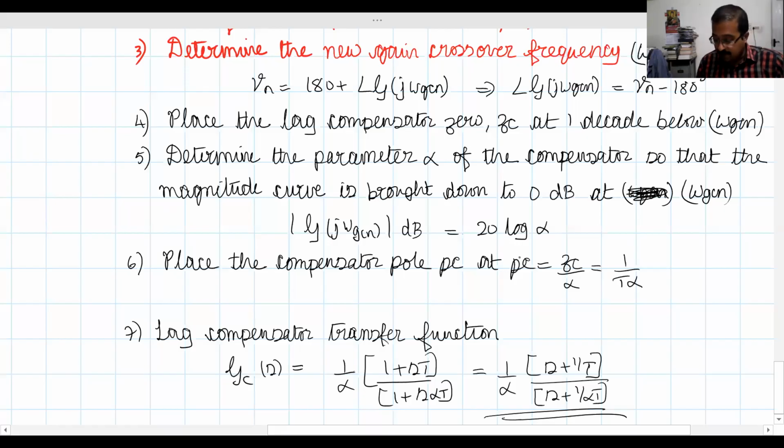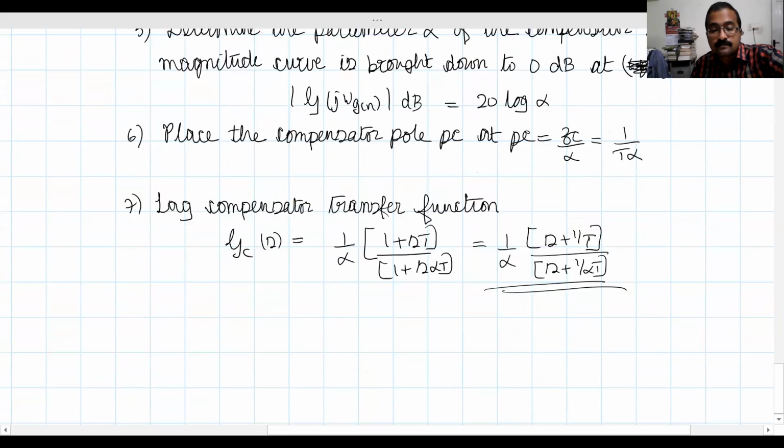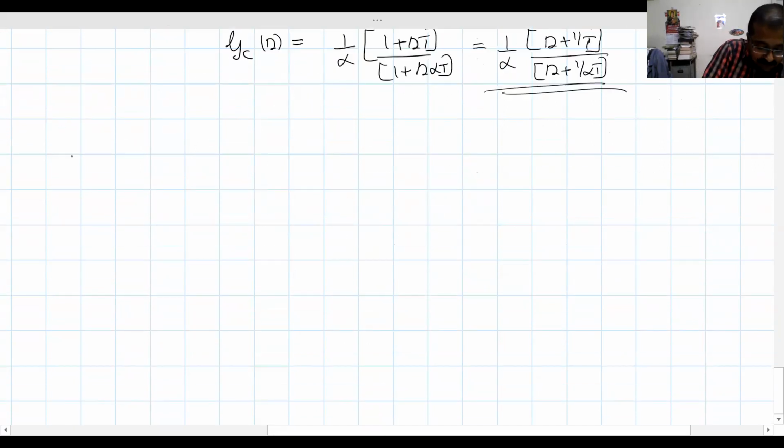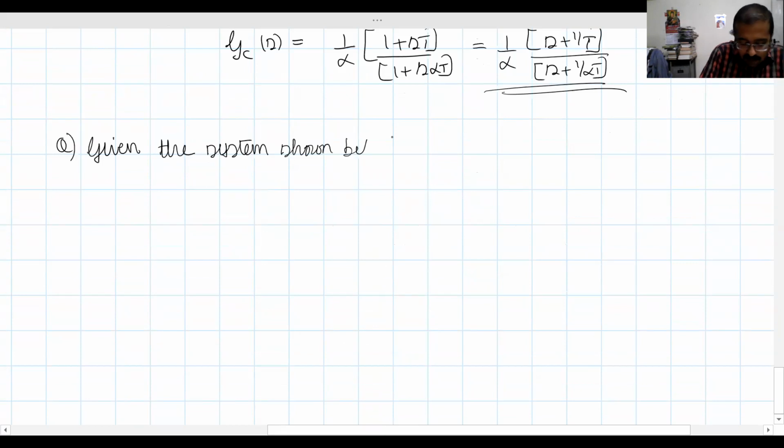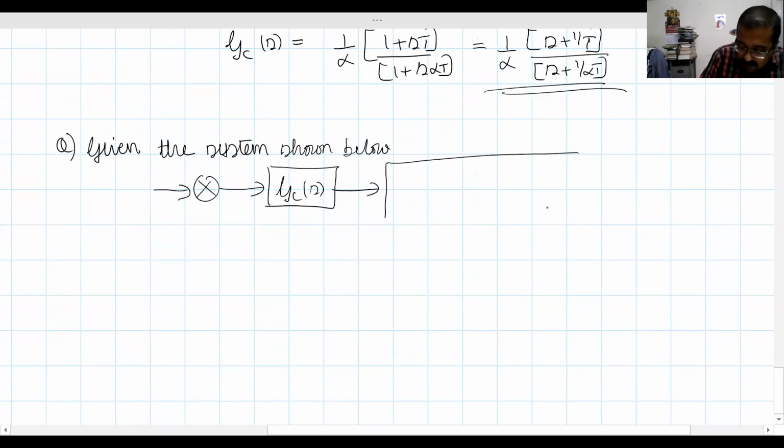Let's take up one numerical example. Question: given the system shown below, this is the system given to you. This is GC of S, and our plant is K divided by S into (S plus 1) into (0.5 S plus 1).